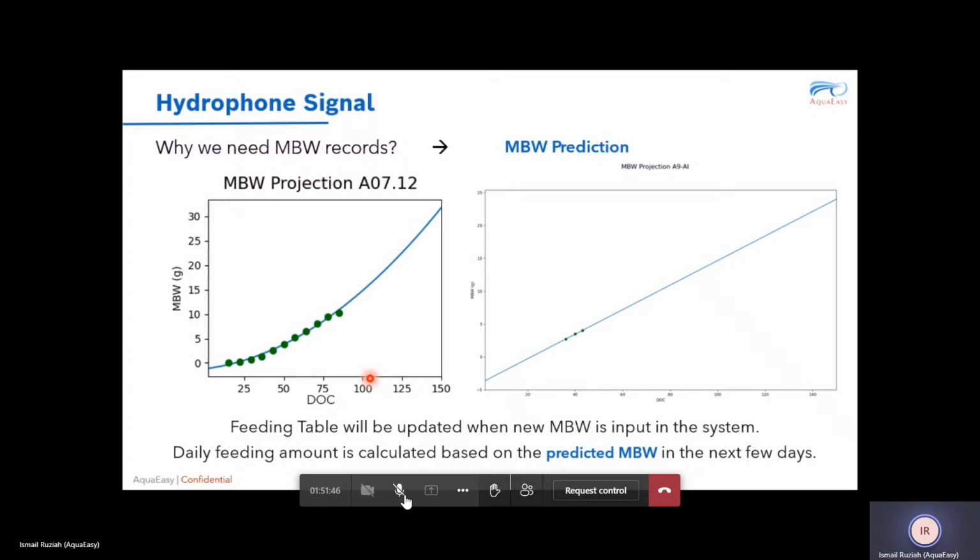So we need to be careful to balance this, because if the farmer needs to pull out the hydrophone and clean it every 3 days and retune it again, this will be very problematic, not only for us but also for the farmer.